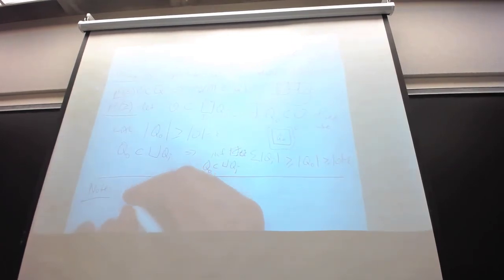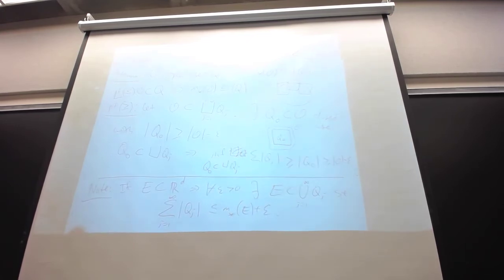Note, if E is an arbitrary subset of R^d, then for all epsilon there exists a cover by closed cubes, countable, such that the sum of the lengths of the Qi is at most the exterior measure of E plus epsilon.